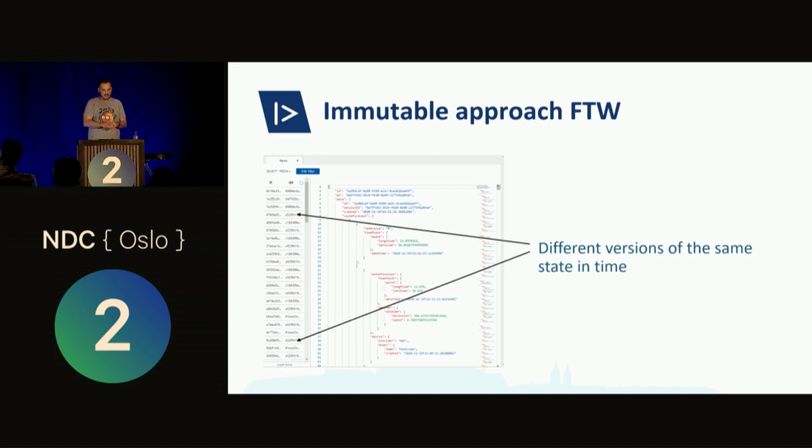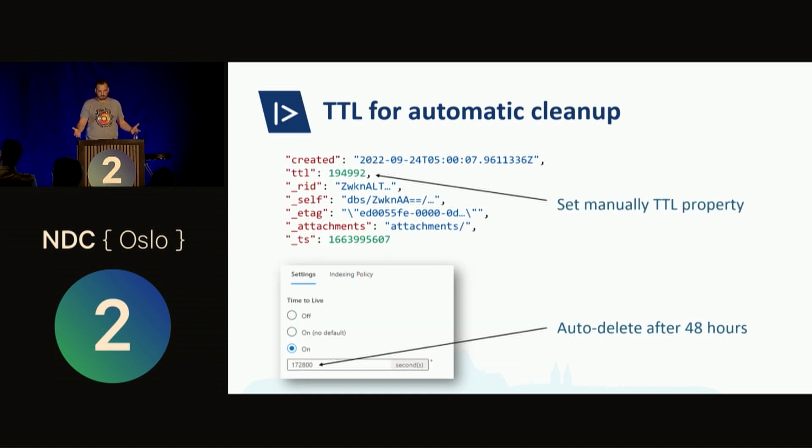Just store it, and if you are thinking, but what about my database? It will grow forever, right? Luckily not, thanks to the functionality called time to live, which is available for Cosmos DB. You don't have to bother with manual deletion. You just set the TTL on a custom property on the record itself, or just for the whole collection.